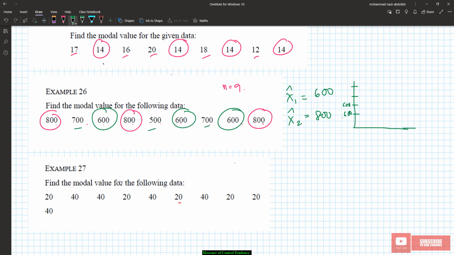I just want to see the distribution. This is 7, this is 8. So for 500 we will have only 1. And then this is 1, only 1.